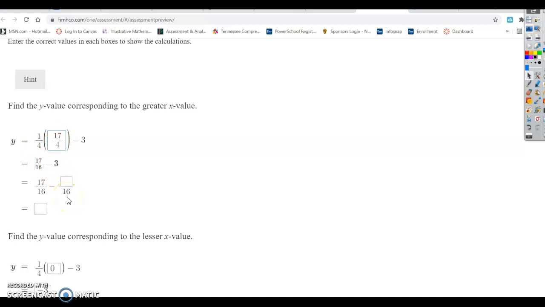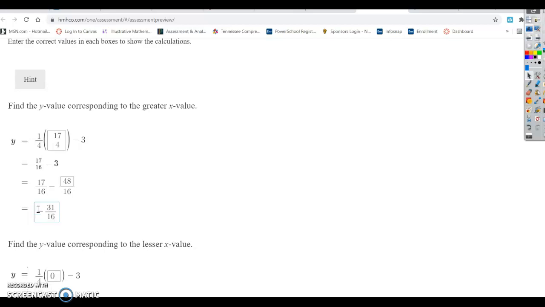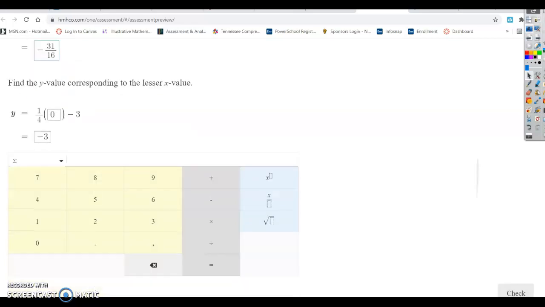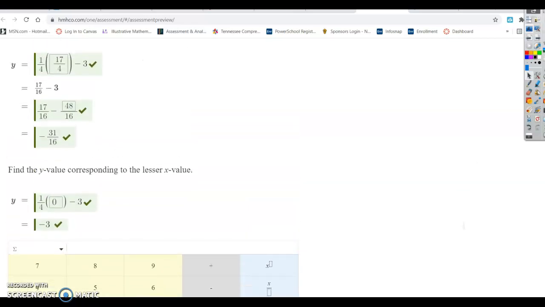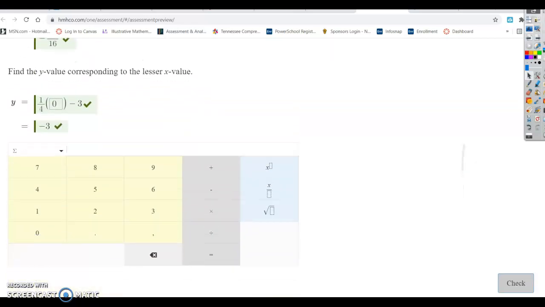If we get 16 on the bottom, 16 times 3 would be 48 on top. And 17 minus 48 is negative 31/16. Let's see how that works out. All right, so that is correct.